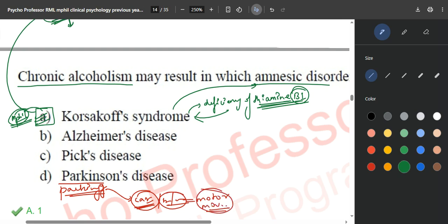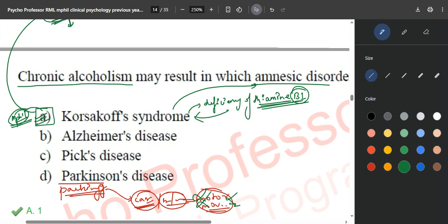And this is what is impaired, it gets bad in your body, and that is why you are having this Parkinson's disease. So in Parkinson's disease, voluntary motor movement might not be possible, tremors, shaking of hand and all those things will come into picture.